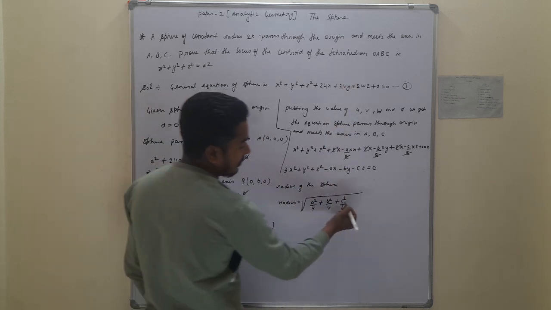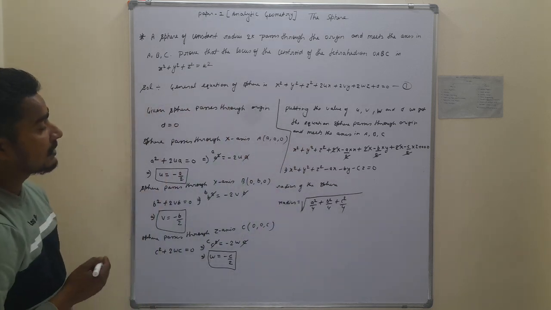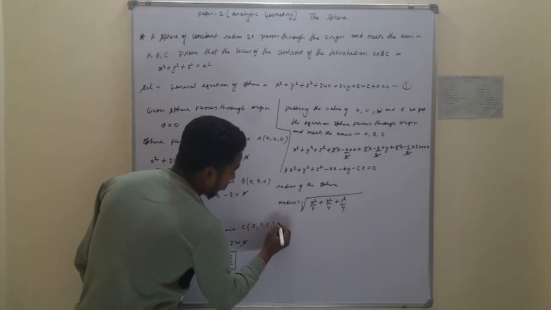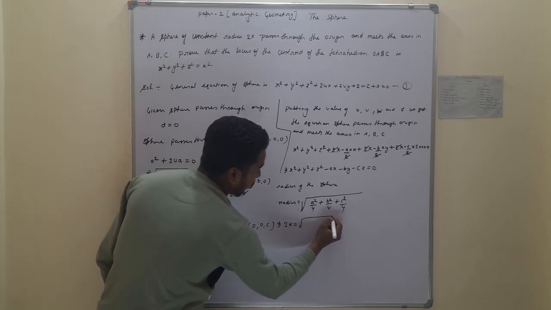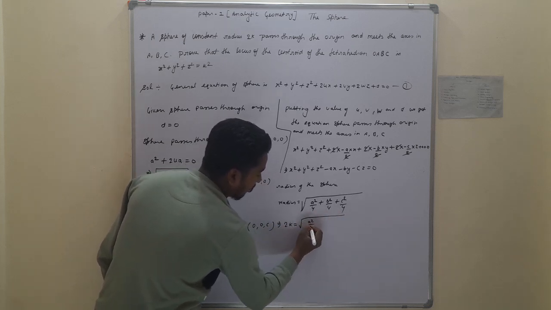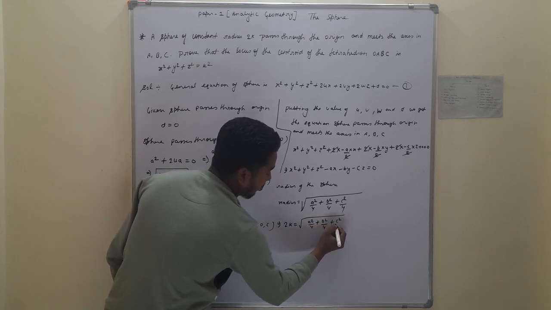And we can also compare the above equation to get the value of the coefficients of x, y, z. On squaring, here d is 0, so we do not write it, and the radius is given, constant radius is given by 2k. Then 2k is equal to under root of a square by 4 plus b square by 4 plus c square by 4.